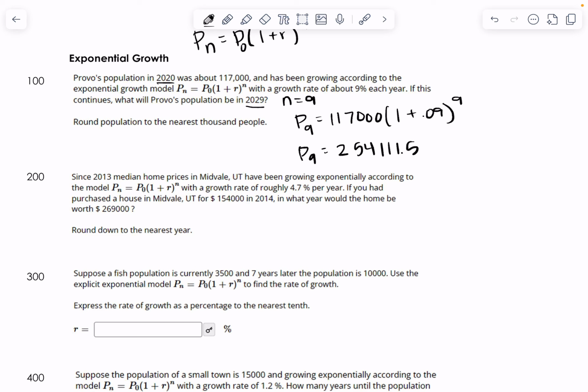And on this one, it says round population to the nearest 1,000 people. So this would be 254,000 people. If this number was 5 or above, then you'd round it up, but it's not. So it would be 254,000 people.